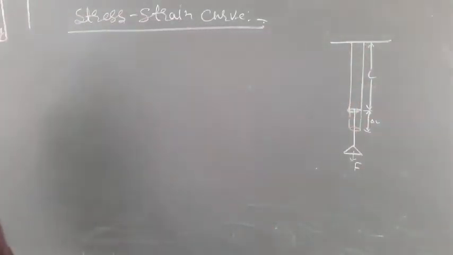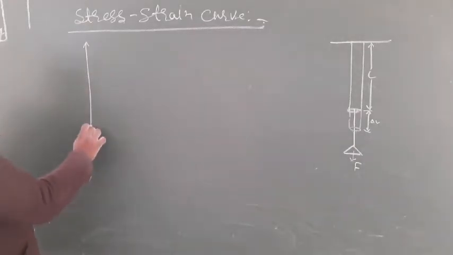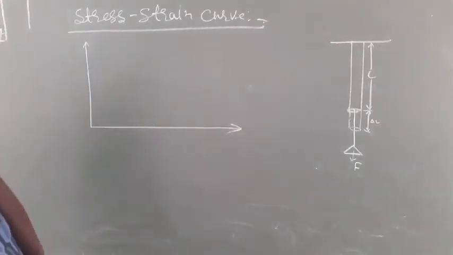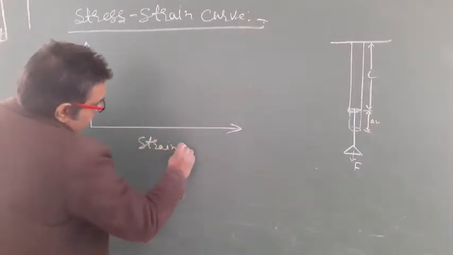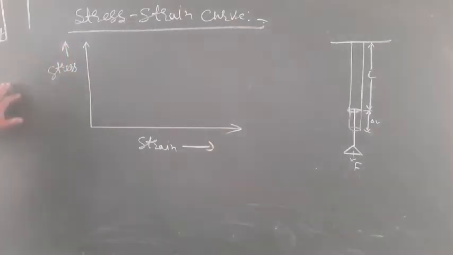Now look at the graph, what we are getting. This graph is called a stress strain curve, with strain and stress on the axes. Stress is force per unit area.